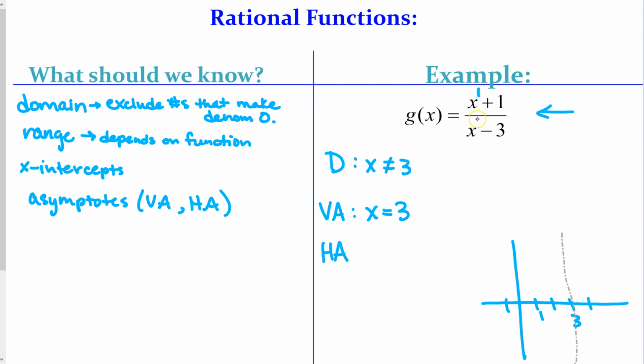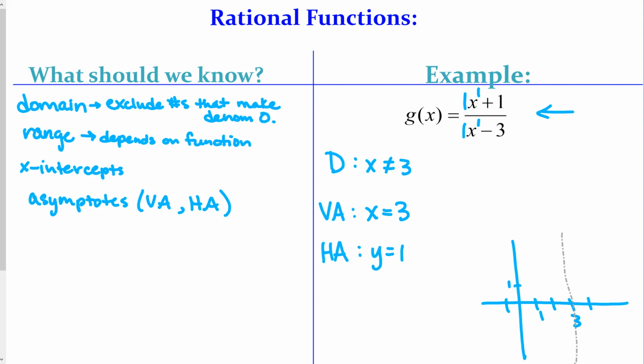The denominator, x to the first, so the degree is 1. Notice that the degrees are the same. So it's not top heavy, it's not bottom heavy. Degrees are the same, so that means the horizontal asymptote is the ratio of leading coefficients. 1 x to the first over 1 x to the first. 1 over 1 is 1. So it's y equals 1.